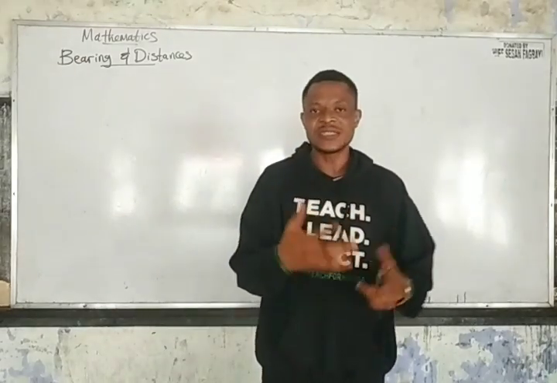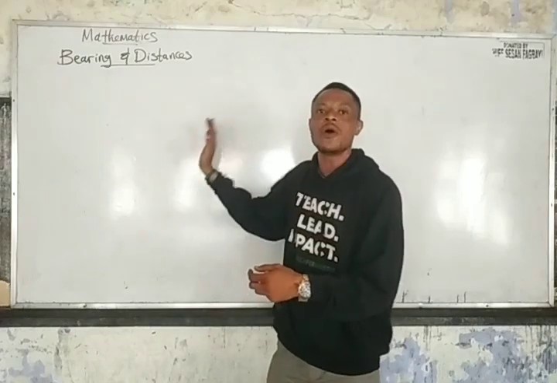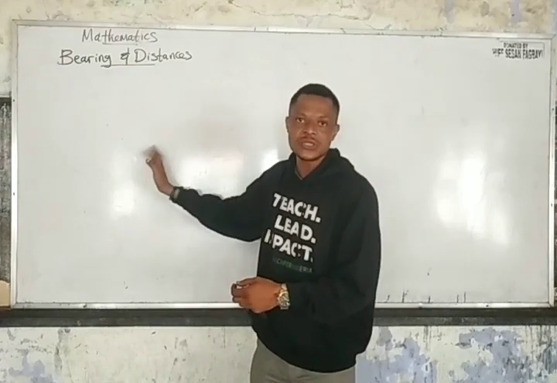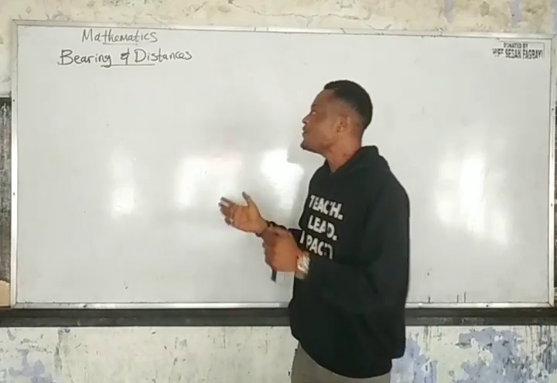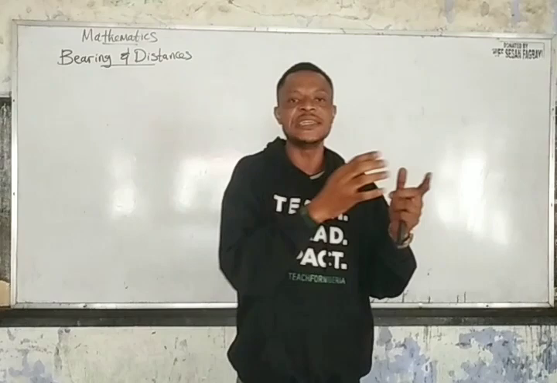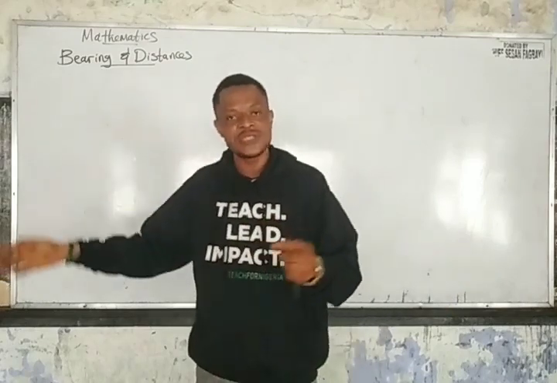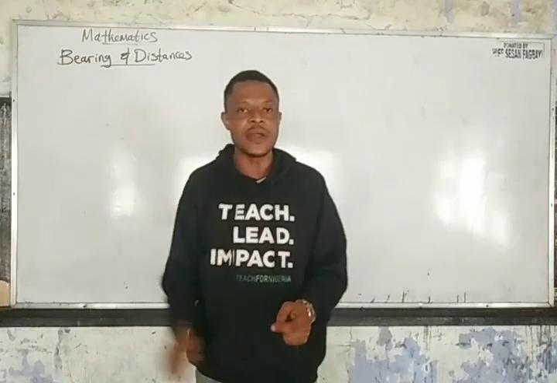From the previous class, we treated how we can convert all these textual or written questions into shapes, either triangle or quadrilateral. Having done that, this class we are going to move into how we can find the distance from one point to another point, or find the bearing of a point from another point.